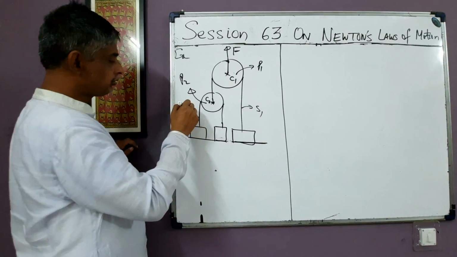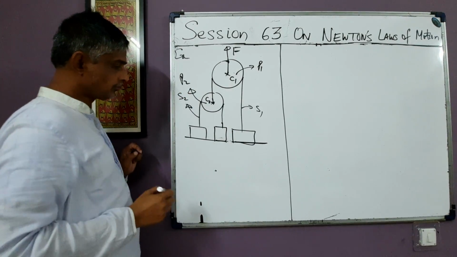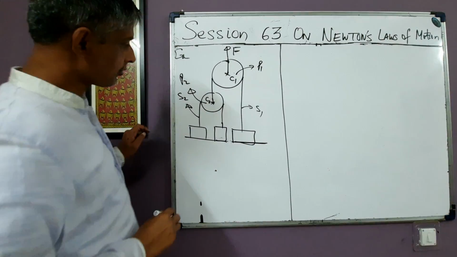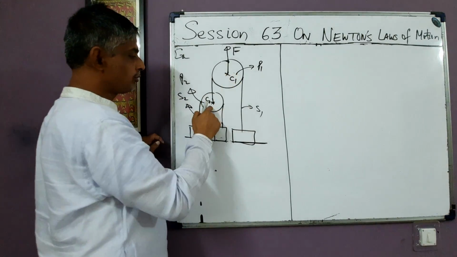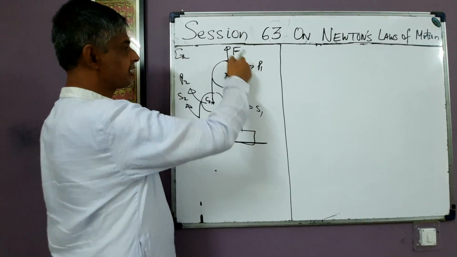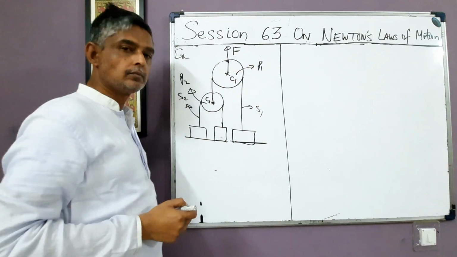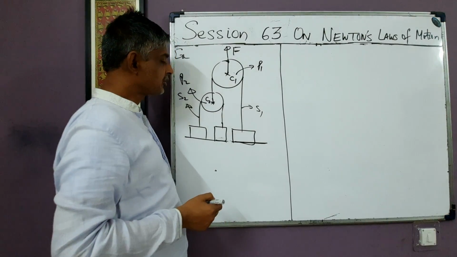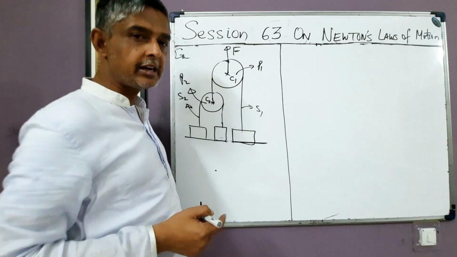This is the string S2. This is a fixed horizontal surface. This is pulley P1, this is pulley P2. This is the string S1, this is the string S2. Both the strings are massless and inextensible, and there is no friction anywhere between the string and the pulley in contact.